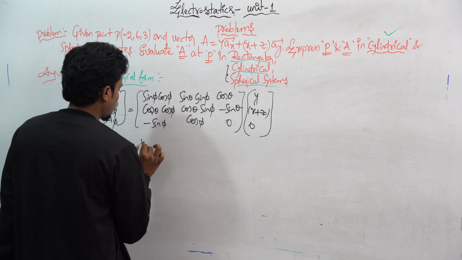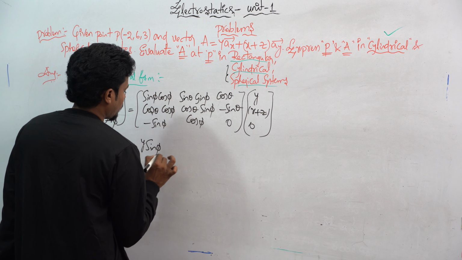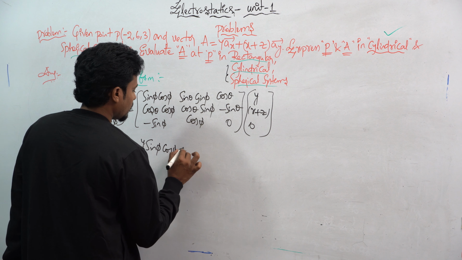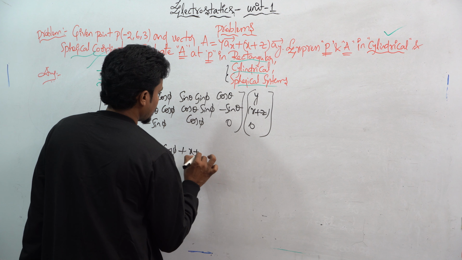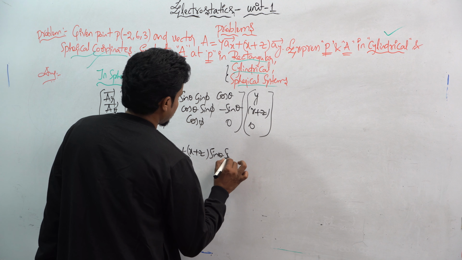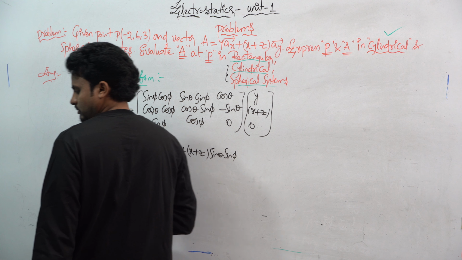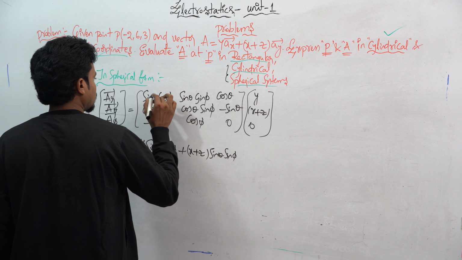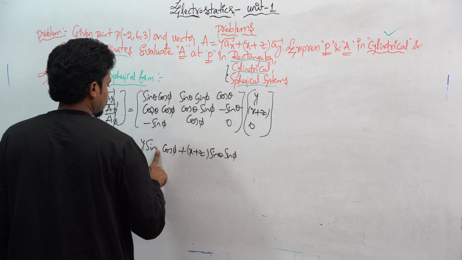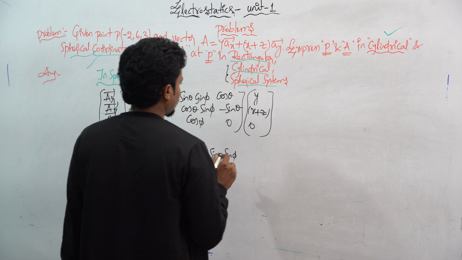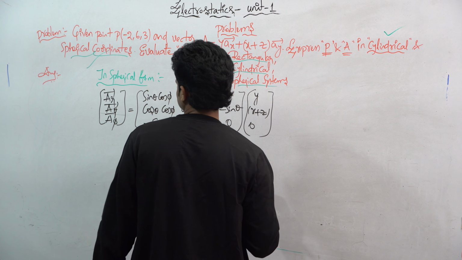This will become y sin theta cos phi plus x plus z into sin theta sin phi, plus 0.